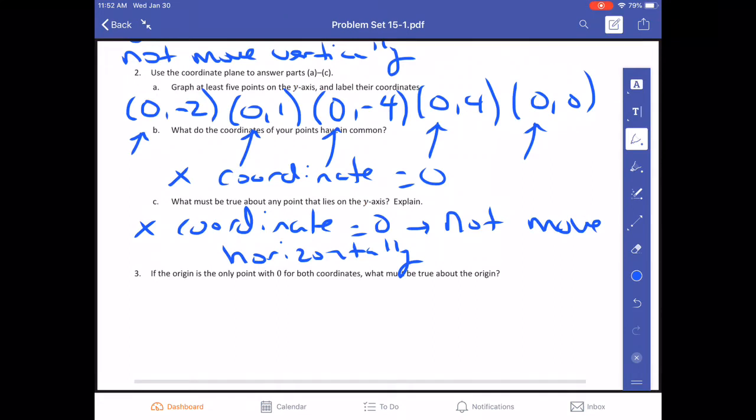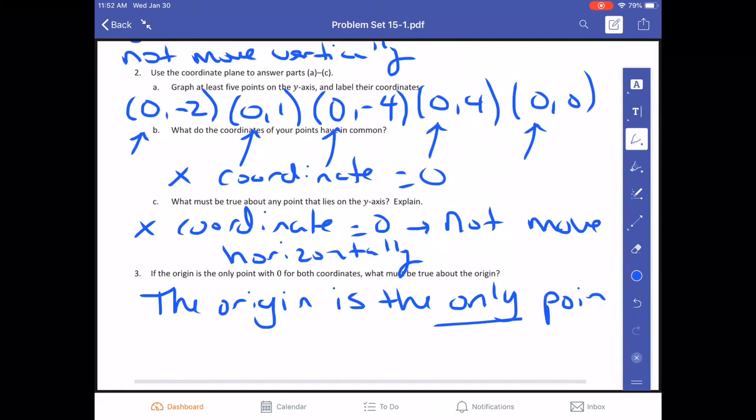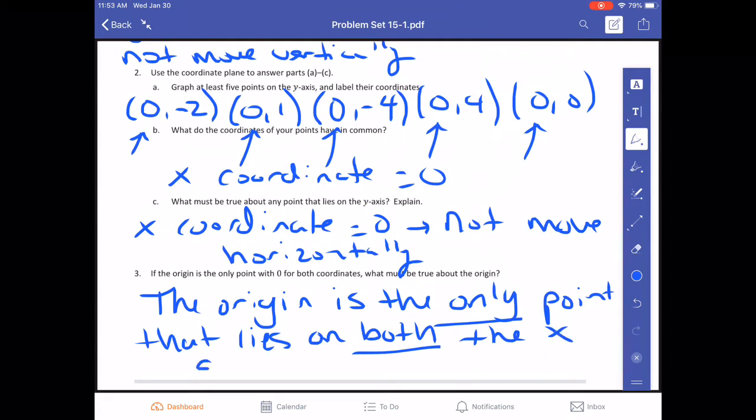And then number 3 says, if the origin is the only point with 0 for both coordinates, what must be true about the origin? Well, this tells me the origin is the only point that lies on both the x and the y-axis.